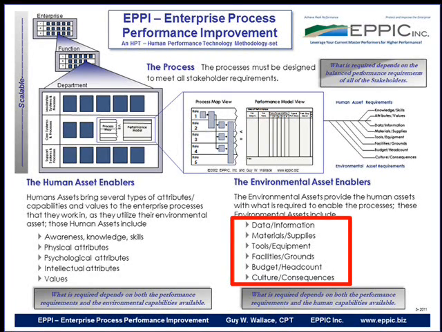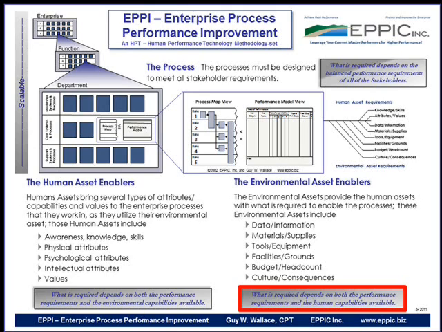And is the culture that the performers work in conducive to the needs of the process? And is the consequence system driving that culture? Or are there deficiencies in the environmental assets that enable the process? In fact, are the environmental assets, or their lack thereof, disabling the process?